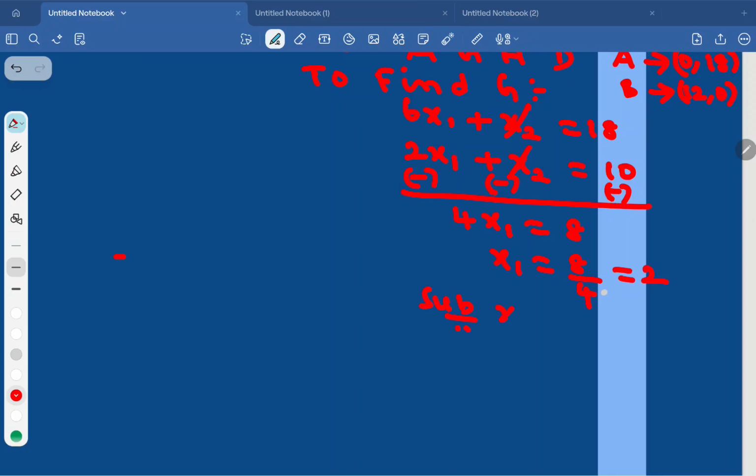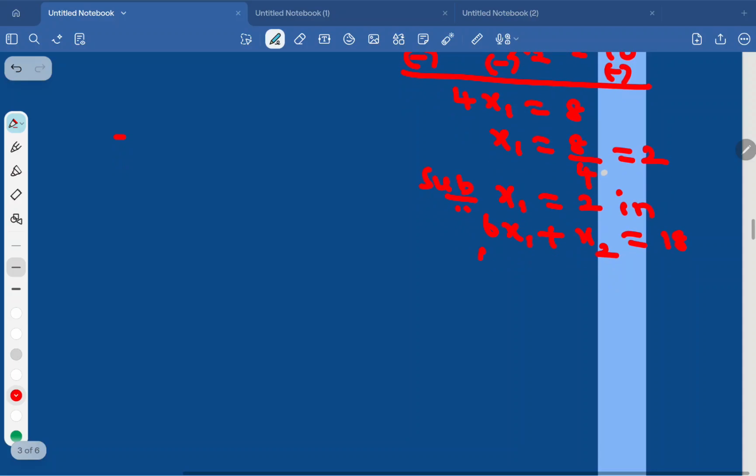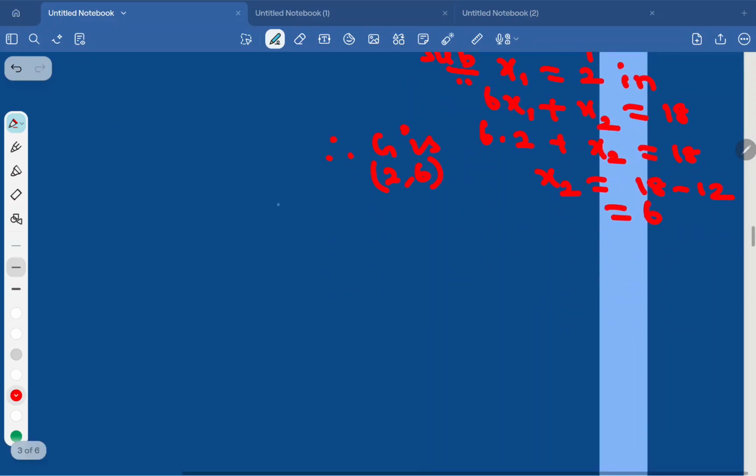Substitute x1 equal to 2 in 6x1 plus x2 equal to 18. 6 into 2 plus x2 equal to 18. x2 equal to 18 minus 12, 6. Therefore, G is (2, 6).